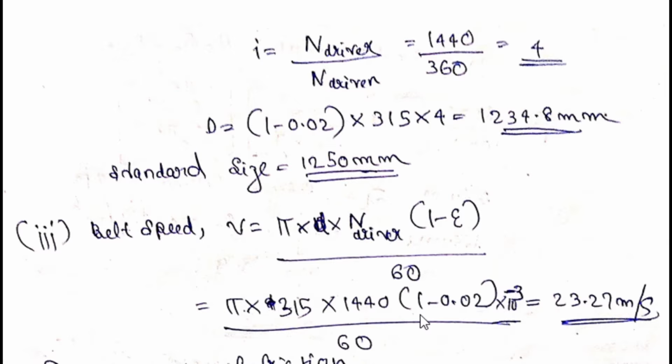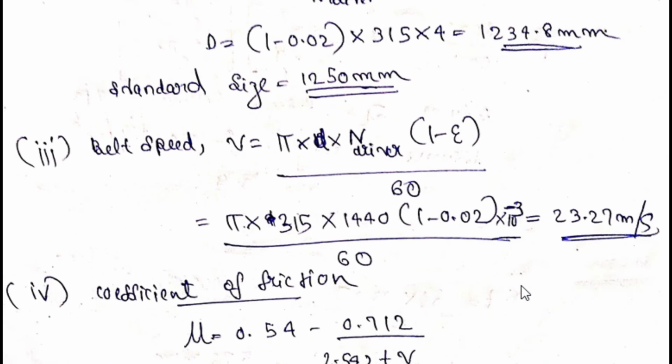So you will get the belt speed in meter per second. One thing you have to check is that the belt speed should be in meter per second. The diameter we get in mm, so you have to convert it into meter. That is why there is a 10 raised to minus 3 put here, because of the conversion of mm to meter, since we need the belt speed in meter per second.